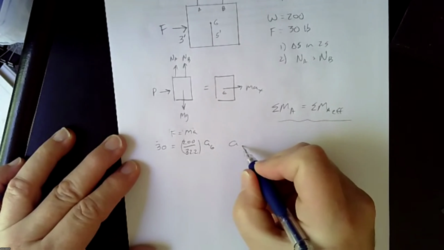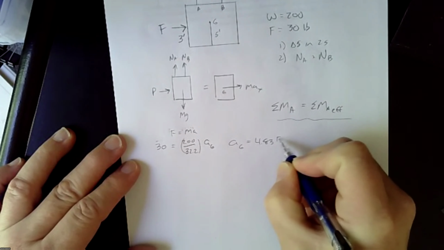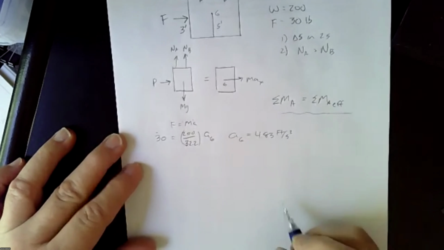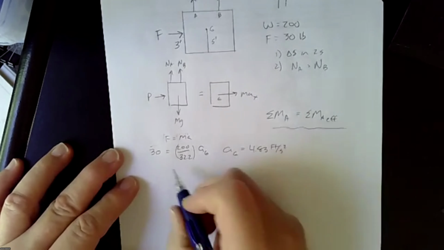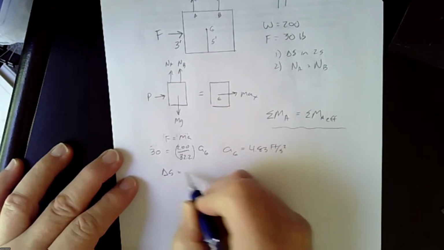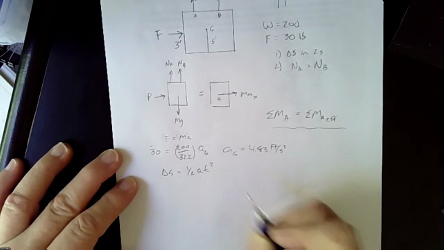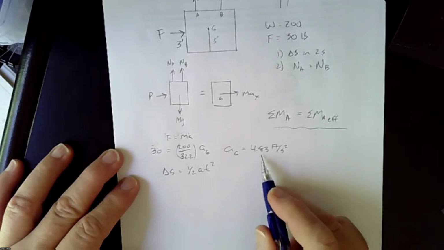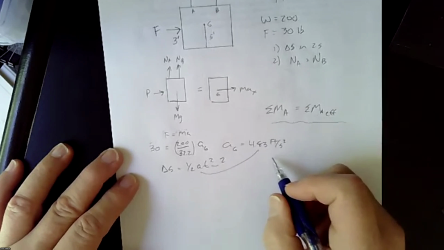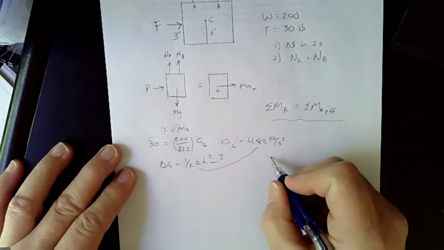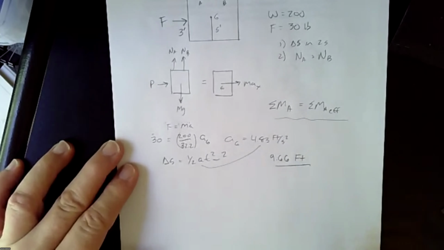So the acceleration of the center of gravity is 4.83 feet per second squared. So if we want to know how far it goes in 2 seconds, it's just delta S equals one half a t squared. So if we substitute in this for that and 2 for that, then we quickly have our answer. So 9.66 feet is how far it goes in 2 seconds.